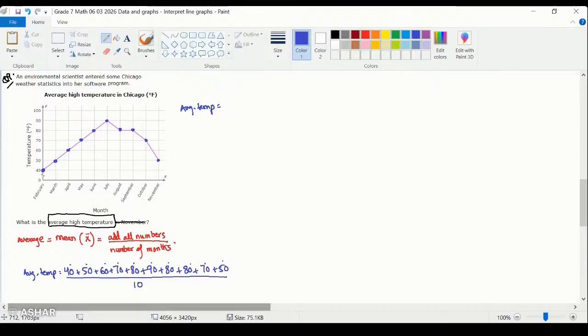It comes out to be 670 degrees, which was compared in 10 months. That means the average temperature comes out to be 67 degrees. Okay, do we agree on this? So whenever we need to find the average, average is also known as the mean.